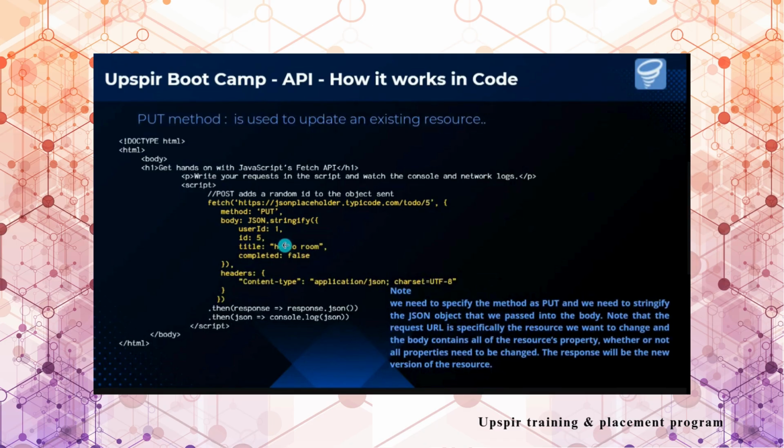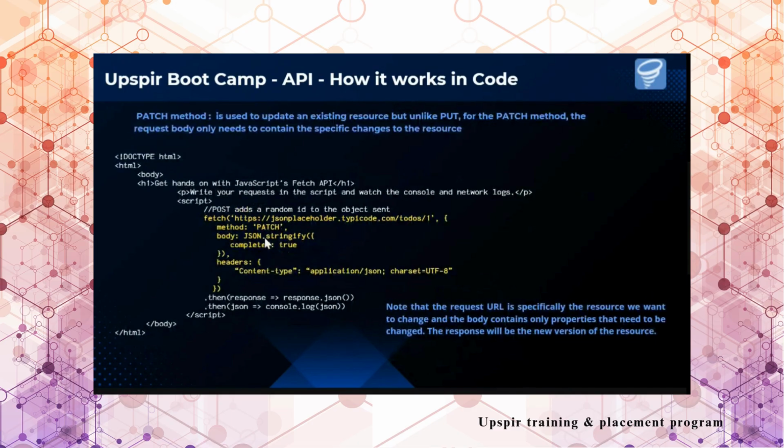Similarly, we have put, which is for updating your queries. Here we want to update the hello room for the user ID 5, and then we also have the patch method. Here the method is patch, and we only have to pass the specific changes that we want to make.